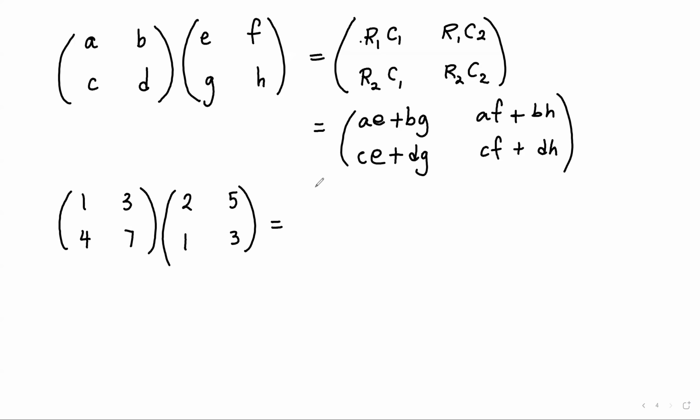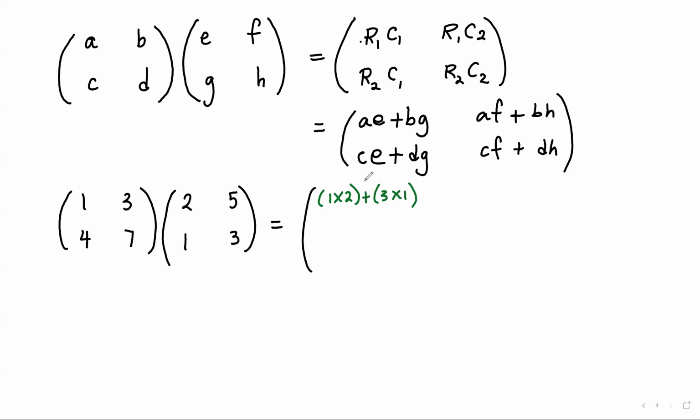I'm looking first at my row 1, column 1 term, so I would multiply my row 1 by my column 1 terms. I'm actually going to write out what I'm doing. It'll be row 1 times column 1: 1 times 2 plus 3 times 1. That would be the first element in row 1, column 1.